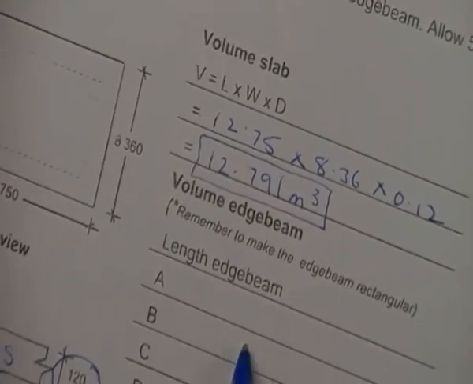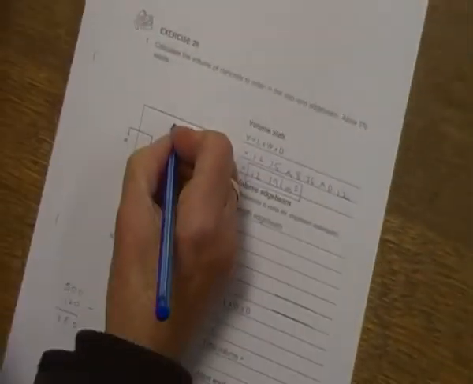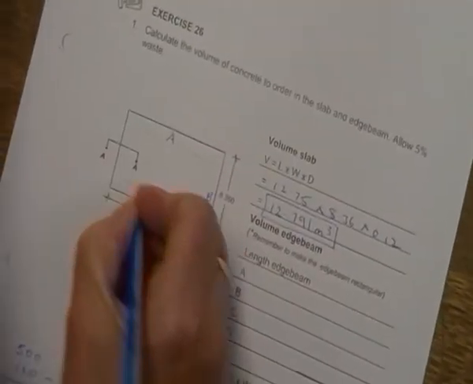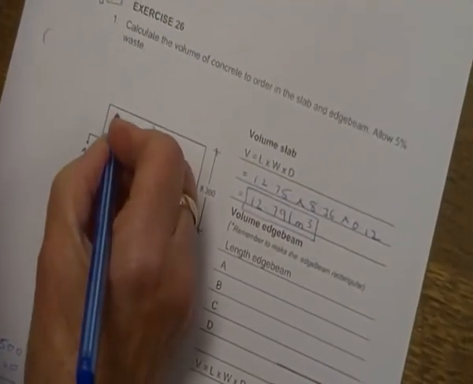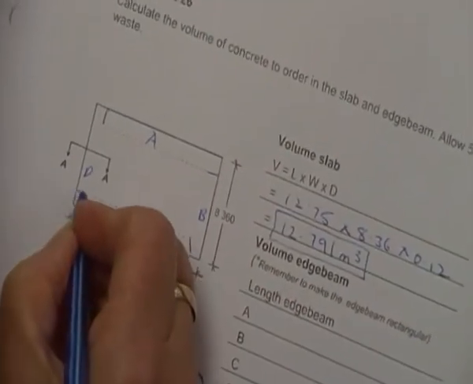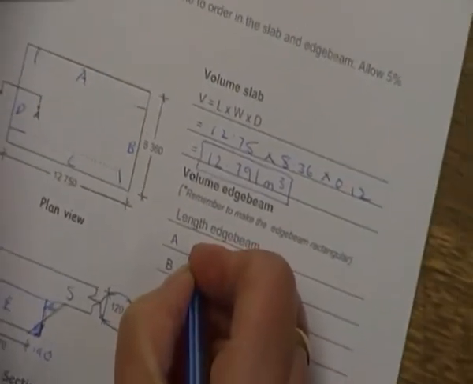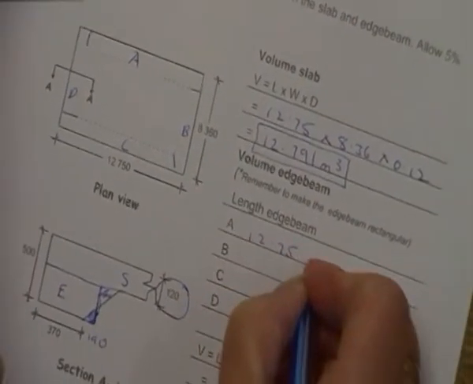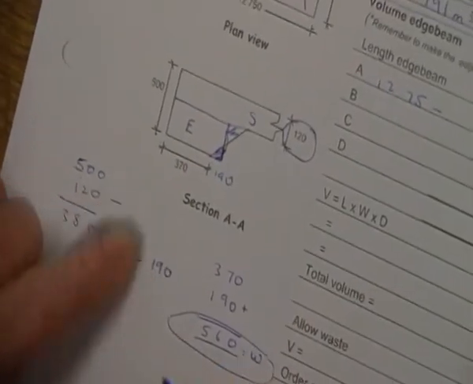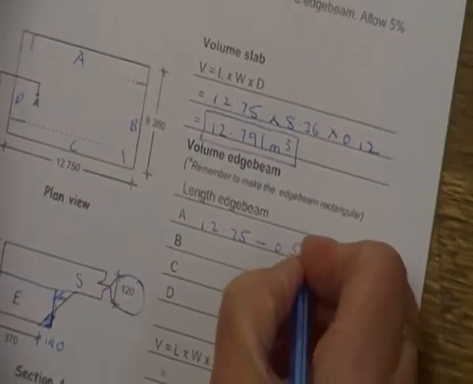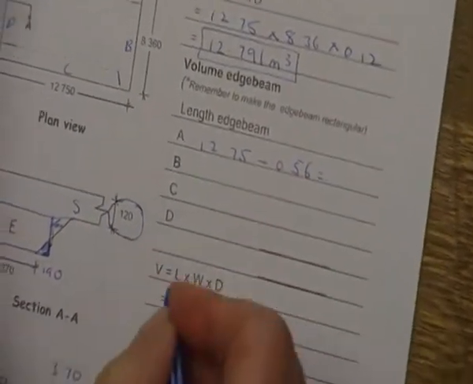Now I'm going to do the edge beam. I'm going to label my sides A, B, C, D. I'm doing intos and overs: into, over, into, over. So A is 12.75. Now I'm taking off the new width of the footing, which is the 0.56. And I'm going around.